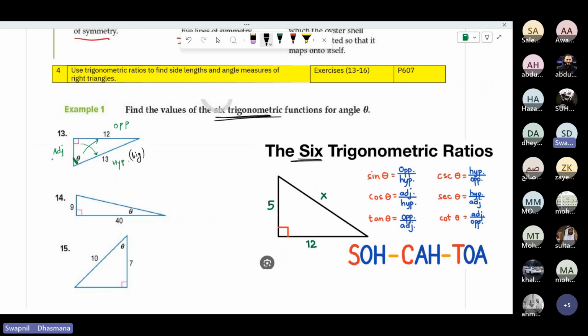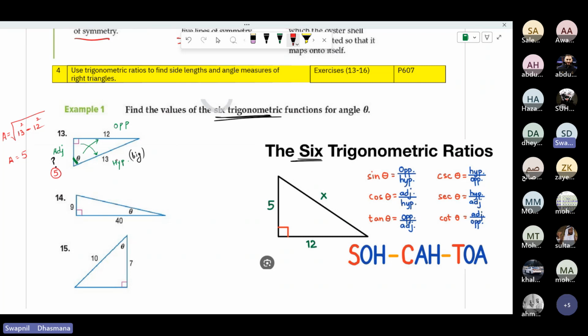I want to find a small side. So to find a small side, I will do big minus small, because A is unknown, O is known, H is known. So I'll do H squared minus O squared. This will give me A squared. Accordingly, you will get the answer: 5. So this side is 5.